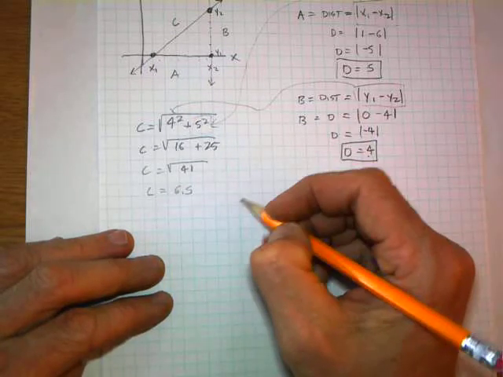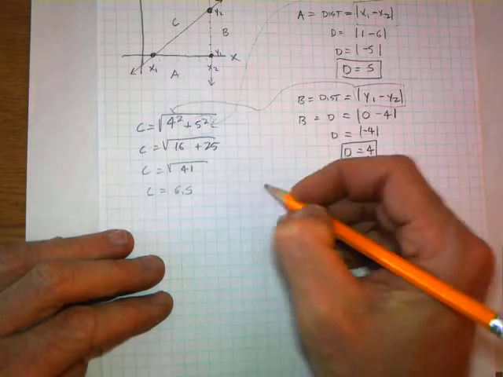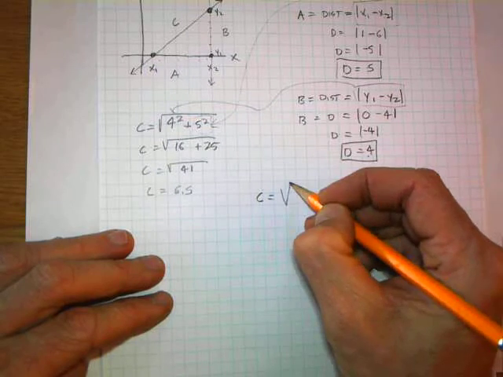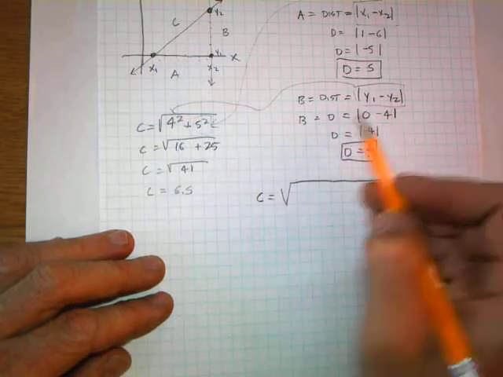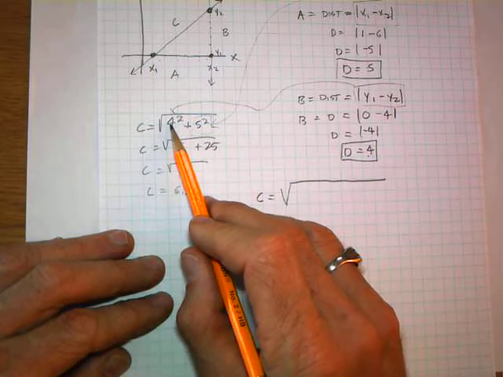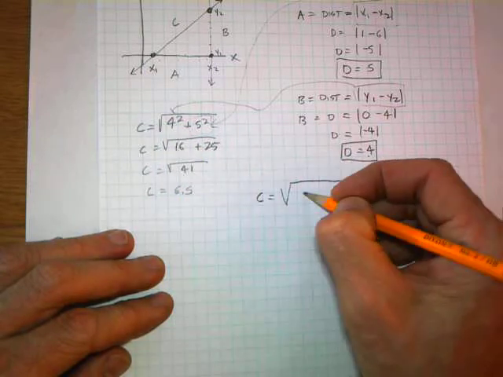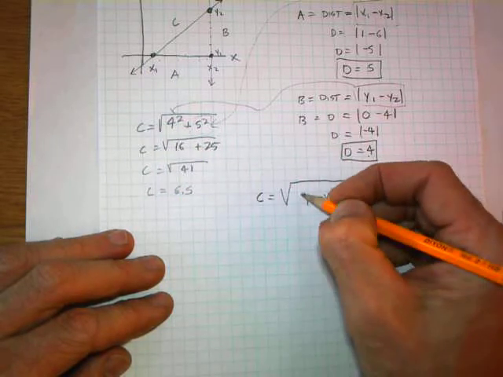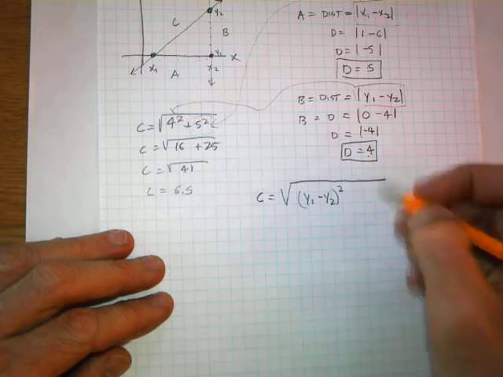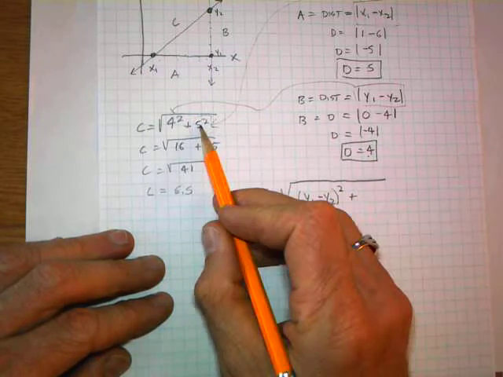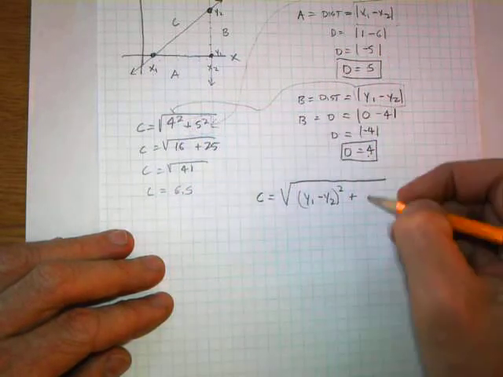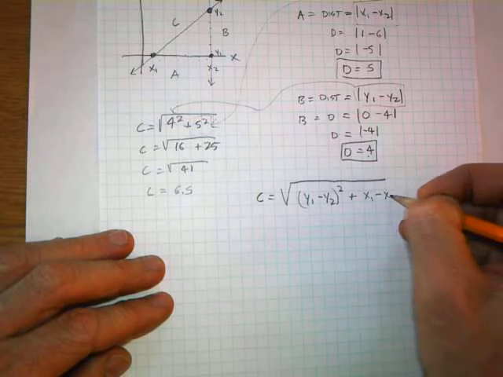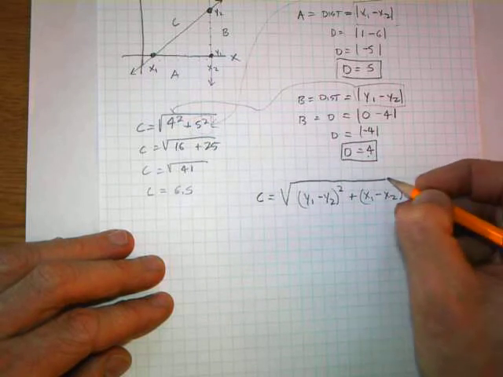So now we're going to say that distance C is going to be the square root of, for here, instead of 4 squared, we're going to put y1 minus y2 squared. And instead of 5 squared, we're going to go back and substitute x1 minus x2 squared.